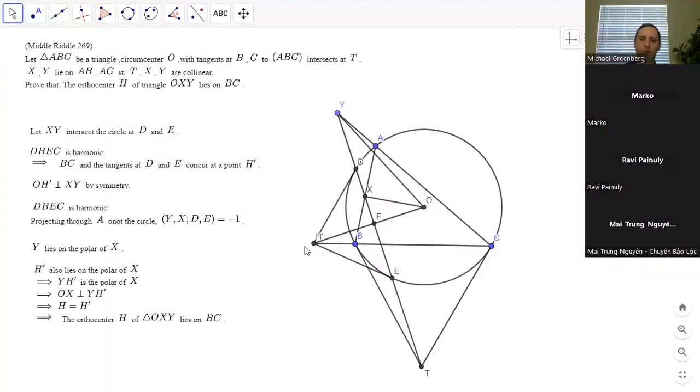Okay, so I think here's what it is. So we know BC is the polar of T. Yeah, I think this is good enough. All right, I'm going to move on to the next problem.